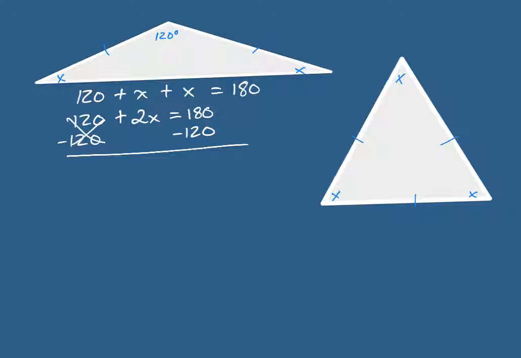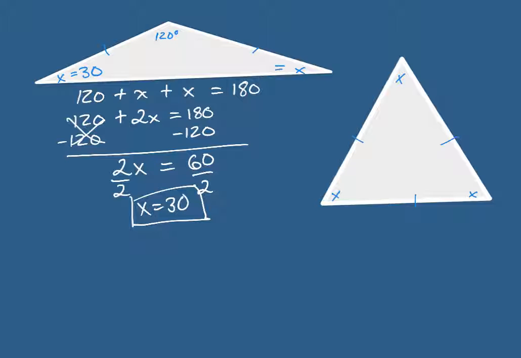This cancels out, and I'm left with 2x equals 60. And I'm going to divide by 2, divide by 2. I get x equals 30. Okay, so I know that this angle here is 30 and this angle here is 30. And now I need to classify it.